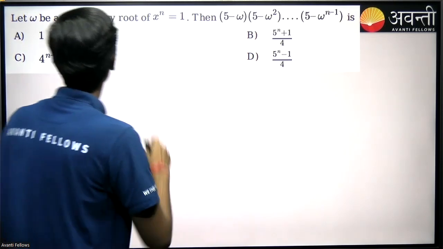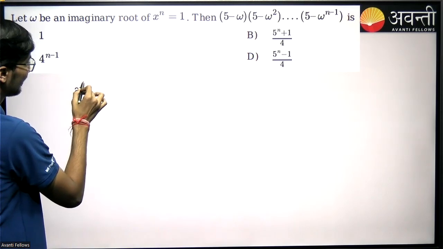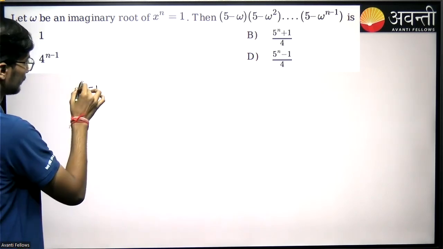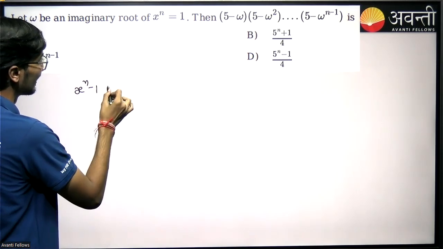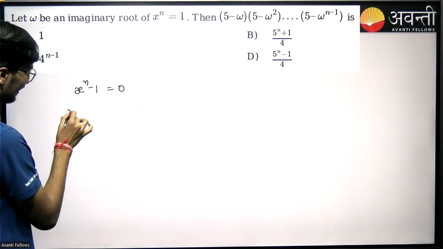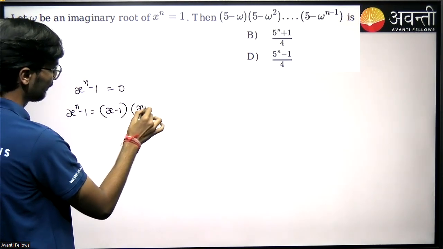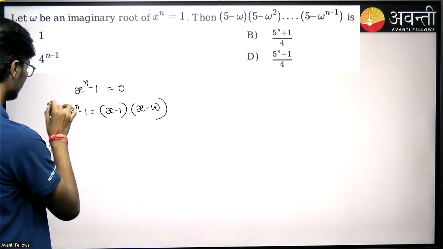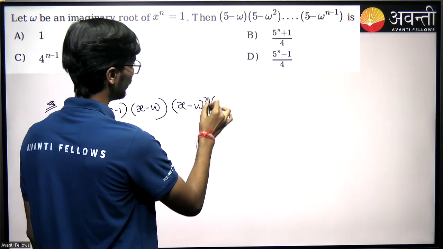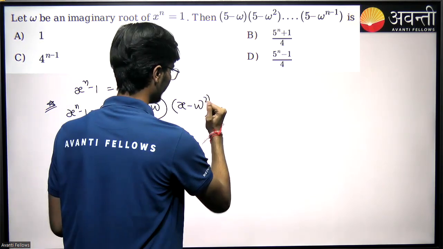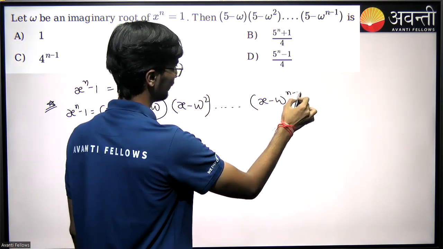Let's see this. So omega is an imaginary root of this. So we know that I can write it as x raised to n minus 1 equals to 0. So here I can write x raised to n minus 1 as x minus 1, if you know the factorization, into x minus omega, into x minus omega square, then x minus omega cube, and so on, like this, up to x minus omega raised to n minus 1.